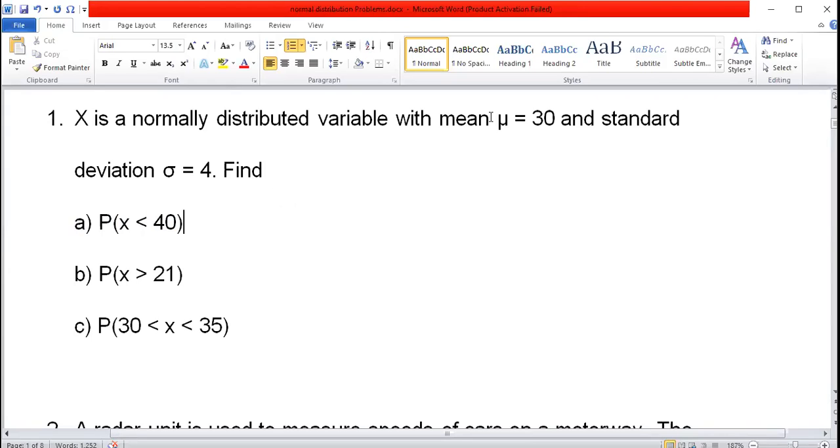So first one: X is normally distributed with mean 30, standard deviation 4. How do you standardize that?